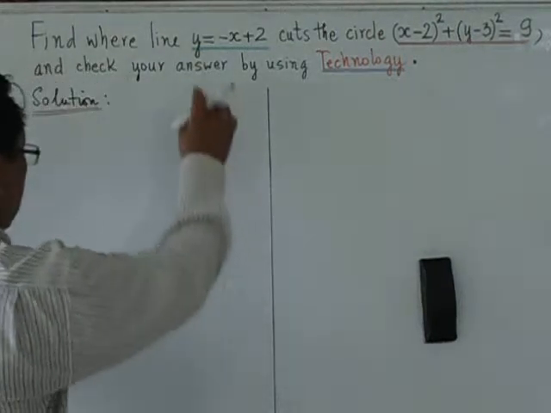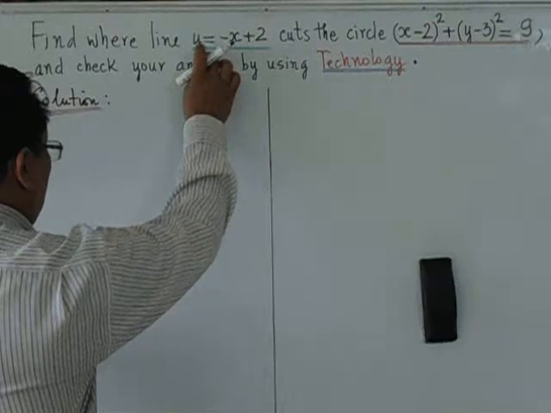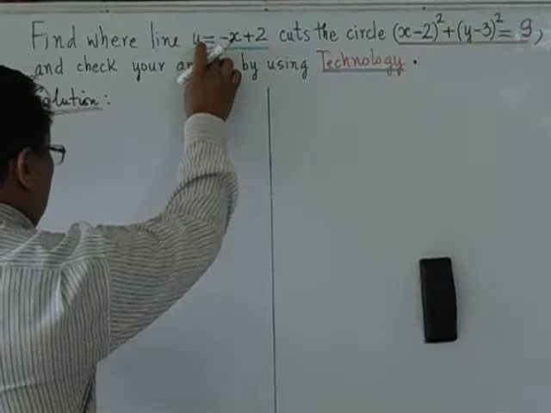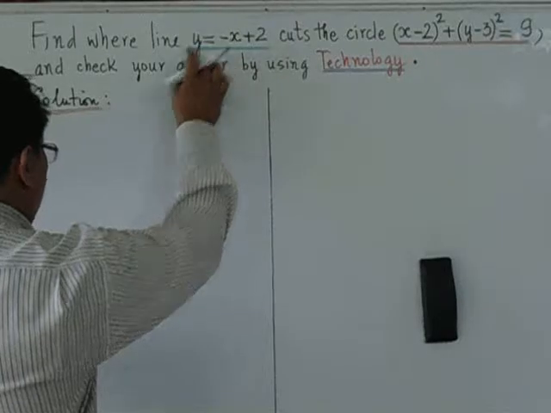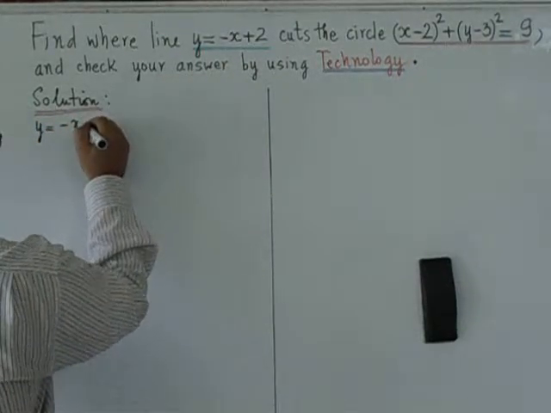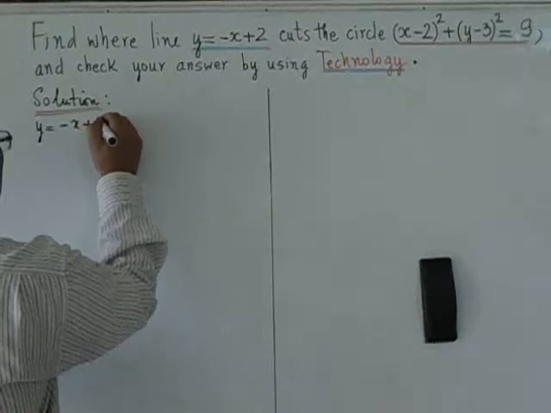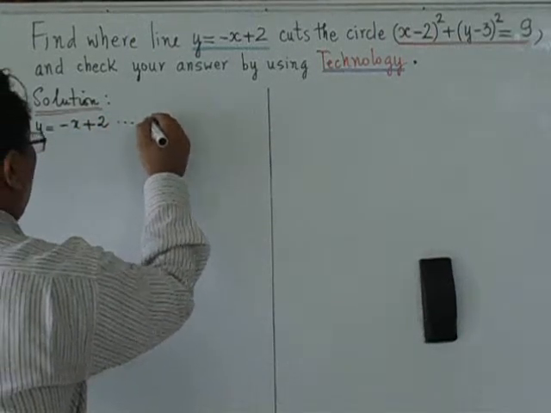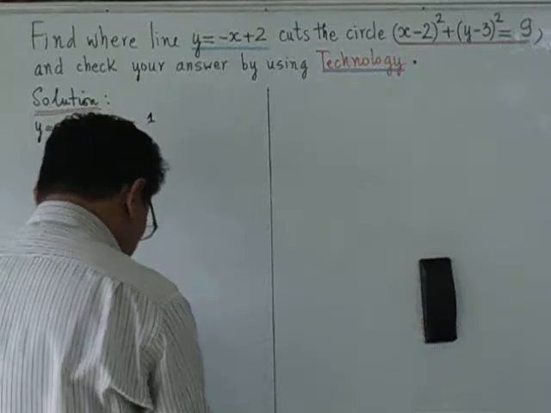We consider the equation of this straight line, y equals minus x plus 2, and we call this equation 1.